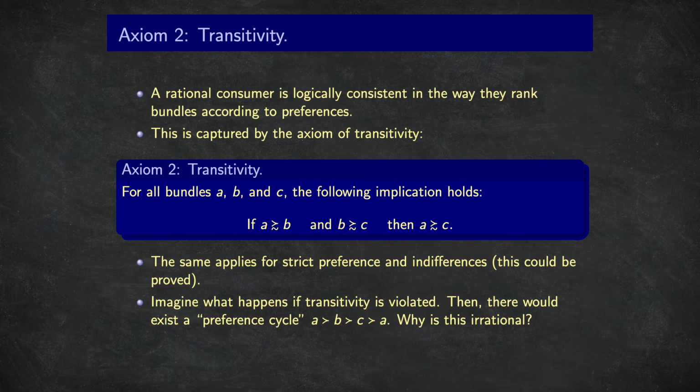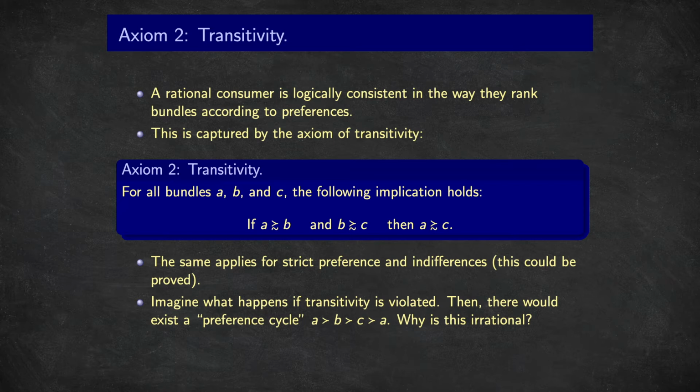Axiom 2, transitivity, says for all bundles A, B, and C, the following implication holds. If our consumer prefers A to B and the consumer prefers B to C, we don't need to ask him if he prefers A to C. We are simply going to assume that the consumer prefers bundle A to bundle C. Essentially, if he prefers A to B and he prefers B to C, he has in some sense already put A, B, and C in order, and we're going to assume that that order is consistent.